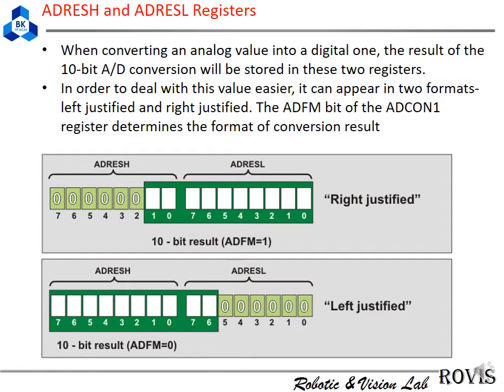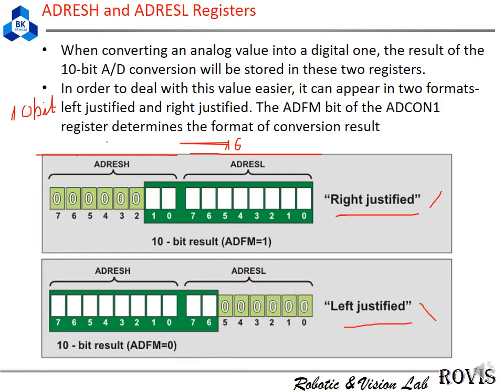And now this is the result. Because we have 10 bits, we need two registers to store the value. So two registers make 16 bits, and we have 2 modes to store: the first one is right justify, and this one is left justify.